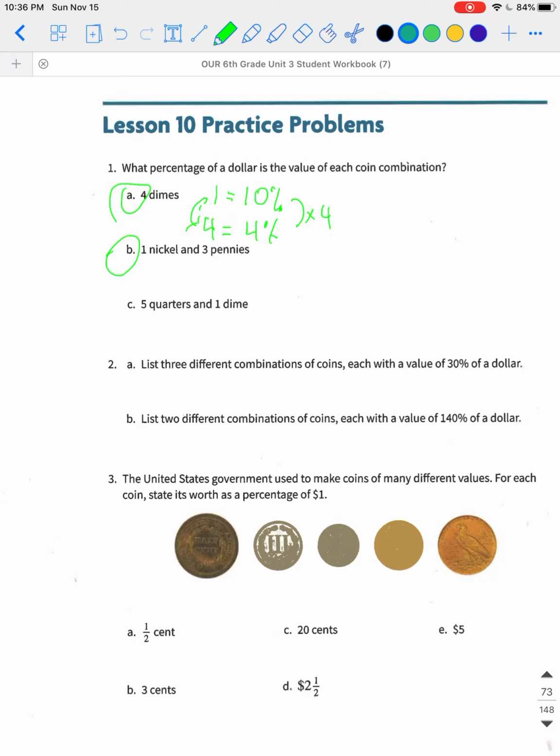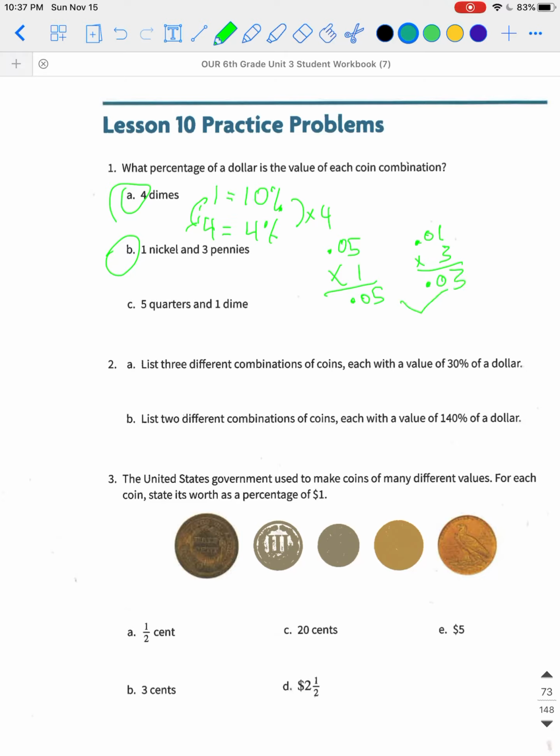For B, 1 nickel and 3 pennies. Well, if you remember earlier, our nickel is 0.05 or 5 cents. And we only have one of those. Times 1 is 0.05. And 3 pennies. So that's 0.01 for a penny, times 3 is going to be 0.03.